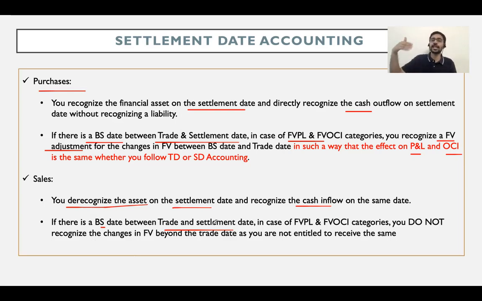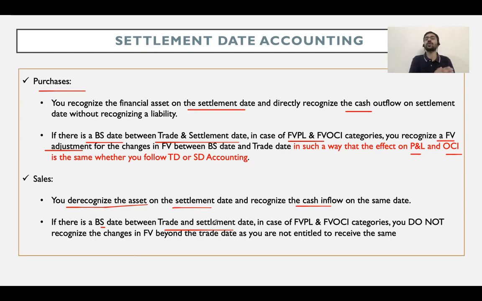You're going to de-recognize it on the 1st of April. Therefore, on the 31st of March, the asset is still shown on your balance sheet, but you will not recognize any mark-to-market changes that happened after 30th of March because you have actually sold off your asset on 30th of March. You are no longer entitled to the rewards from that asset, although you are showing that asset on the balance sheet.